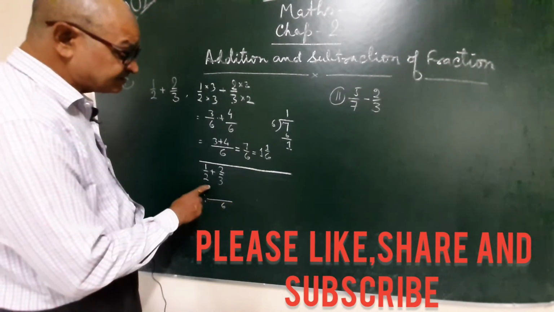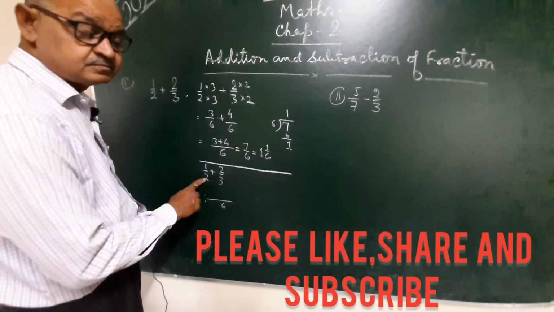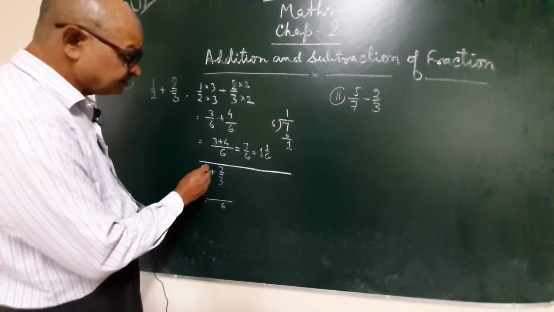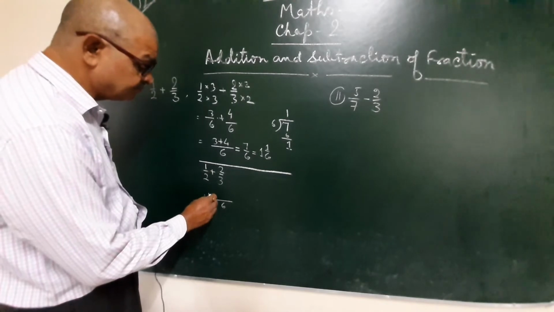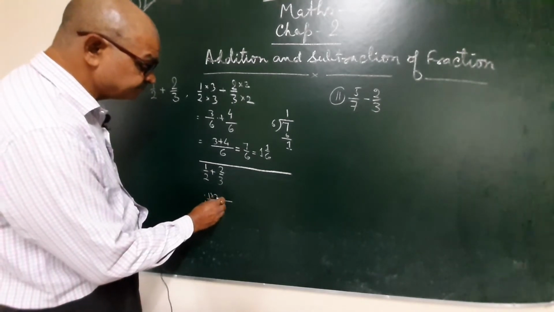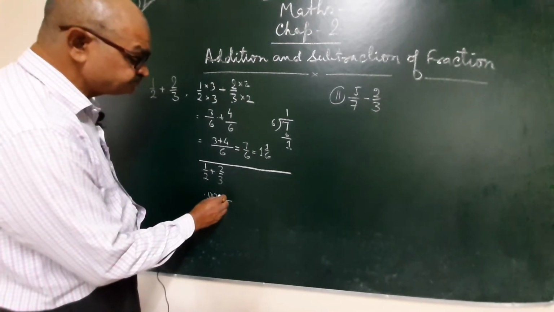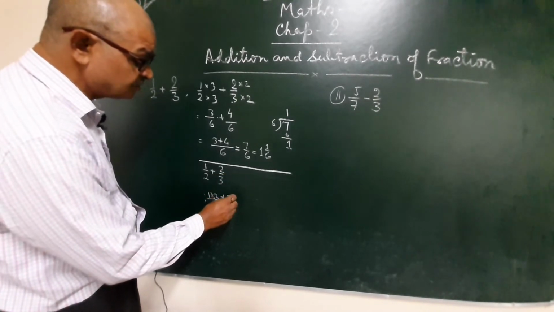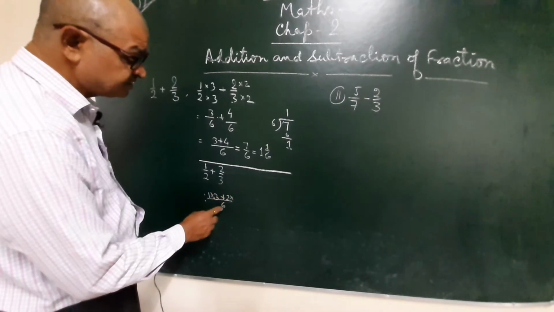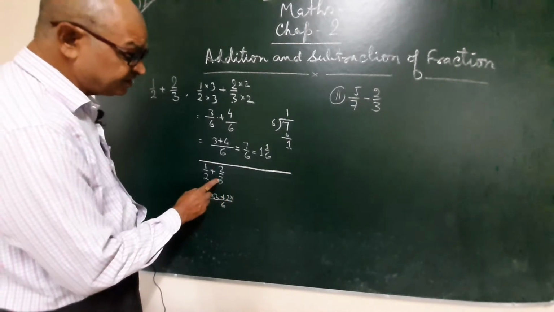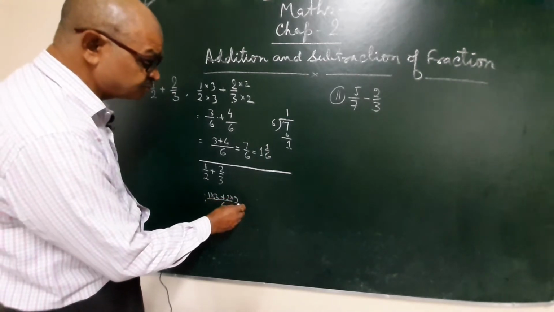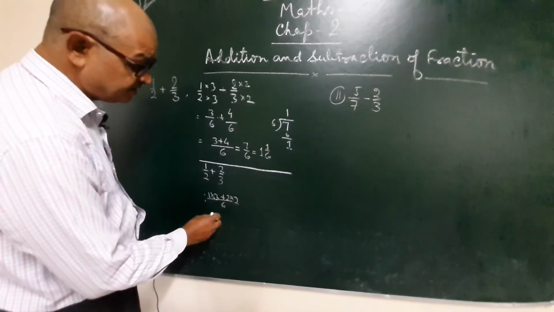This is 6 divided by 2, 3 times. Then 1 multiplied by 3, plus here is 2 multiplied by 6 divided by 3. 3 twos are 6, so we multiply by the quotient 2.